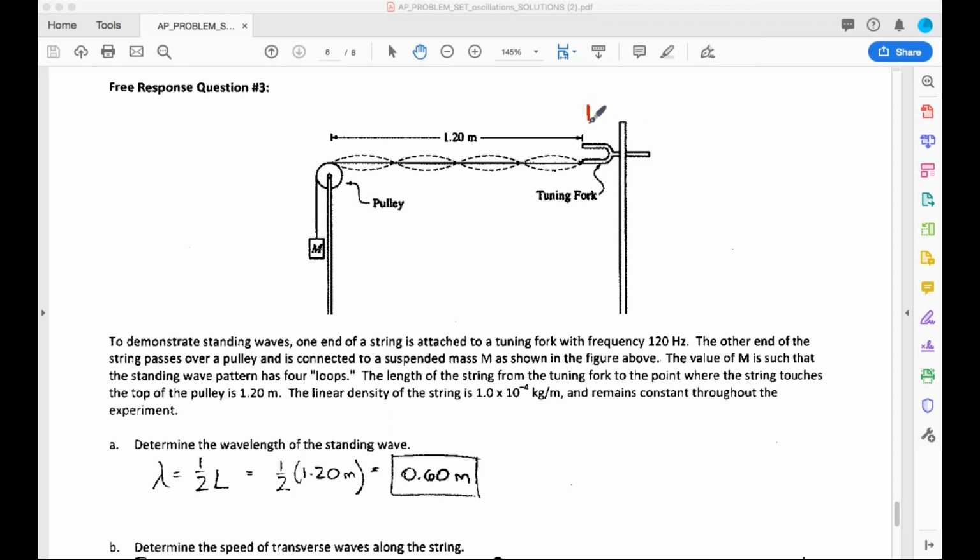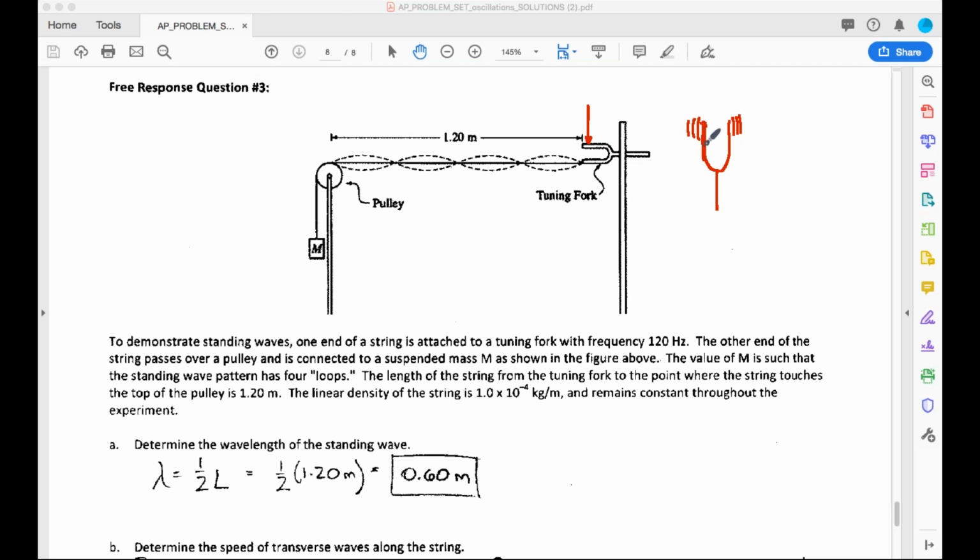A tuning fork, if you were to hit this side here with typically some sort of mallet or a hammer, is going to cause the fork end to vibrate. If you've seen a tuning fork before, then obviously this is trivial, but a lot of students actually haven't.